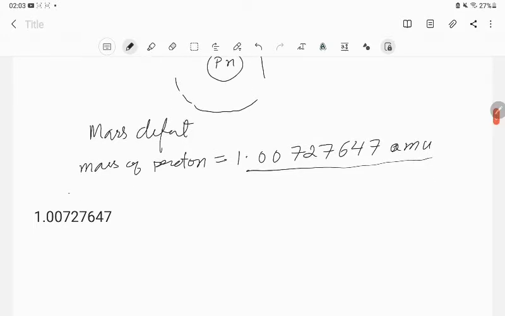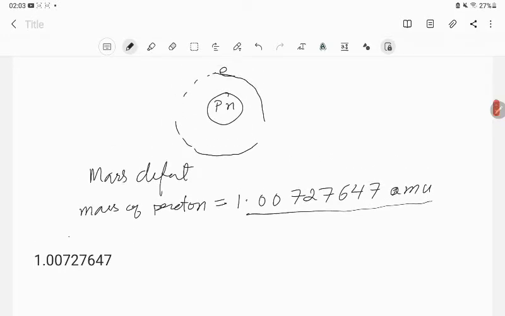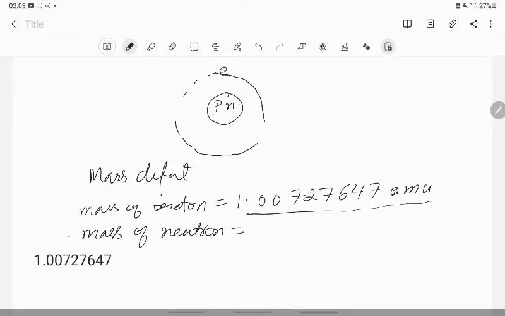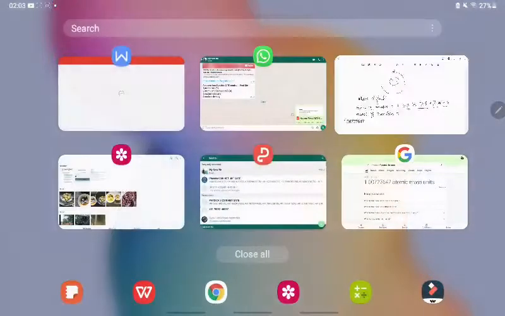And again in the nucleus we have protons and neutrons. So what is the mass of a neutron? You can google it.